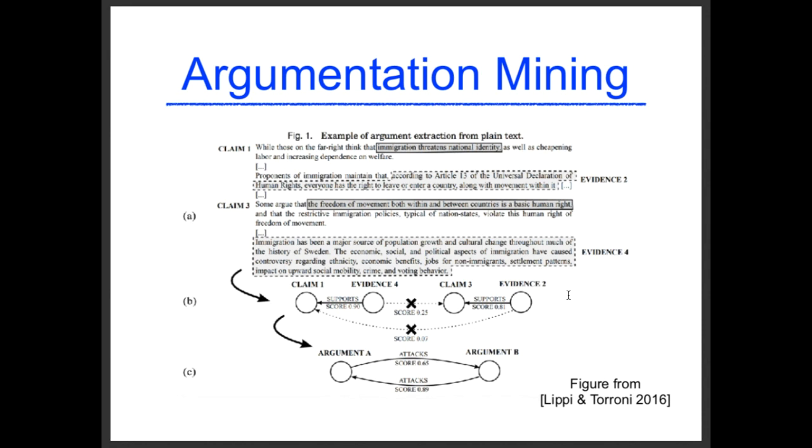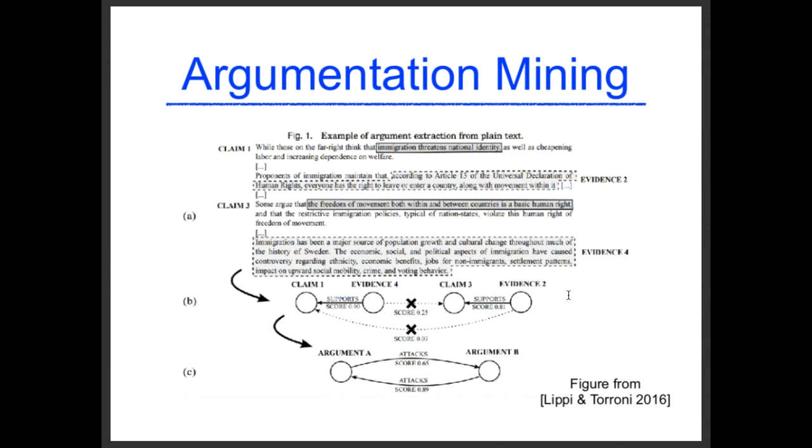So this, immigration threatens national identity, is a claim. You can agree or not, of course, it doesn't matter. And there is maybe somewhere in the text something that supports this claim, or maybe there is a claim which states the opposite. So the freedom of movement, both within and between countries, is a basic human right. For example, this, of course, is a claim in contrast with the previous one.